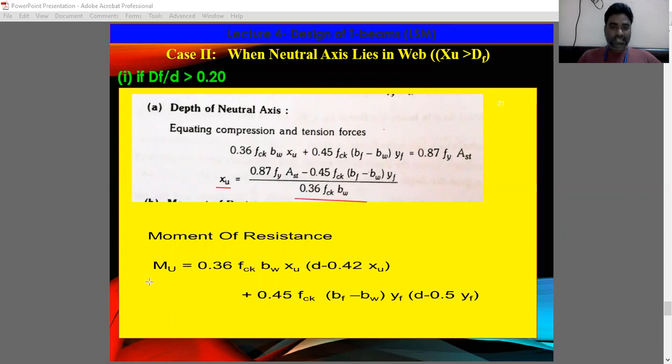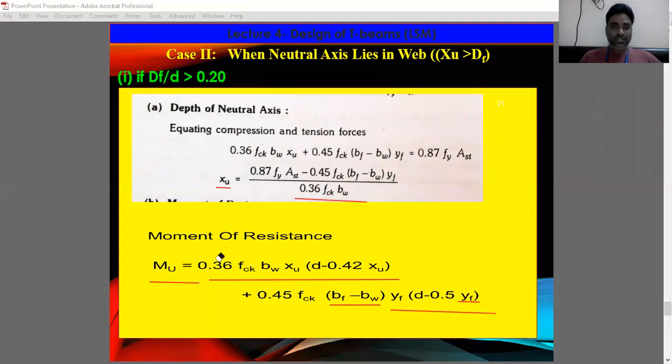And the moment of resistance for this case, we just replace yf in terms of Df. That's it. That's no difference. The modified one is 0.36 fck into bw into Xu into d minus 0.42 Xu plus 0.45 fck into bf minus bw into yf into d minus 0.5 yf.